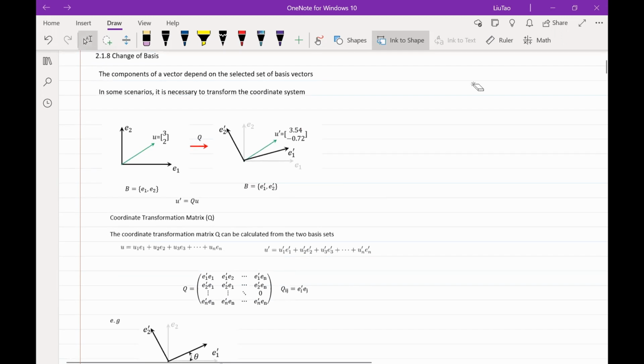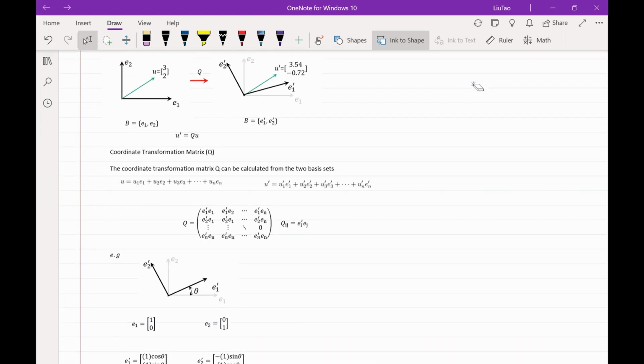Now, how can we describe this kind of transformation? We can link U prime and U using a coordinate transformation matrix Q. Now let's think about a general case. If we have a vector in the space, and in the first basis set with E1, E2, E3, all the way to En, we can express the vector like this.